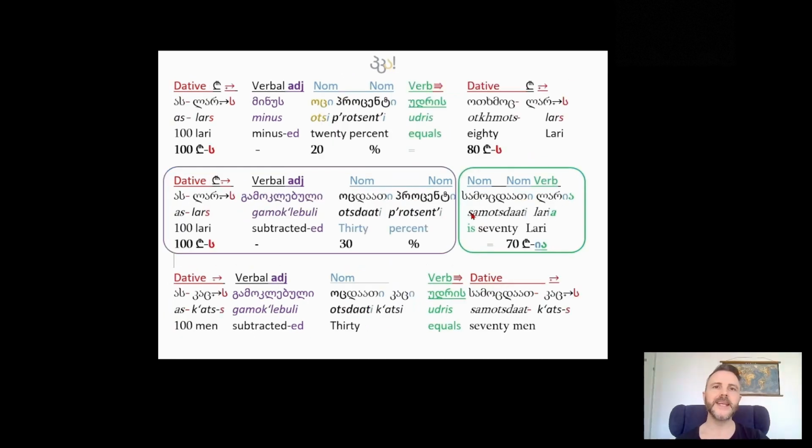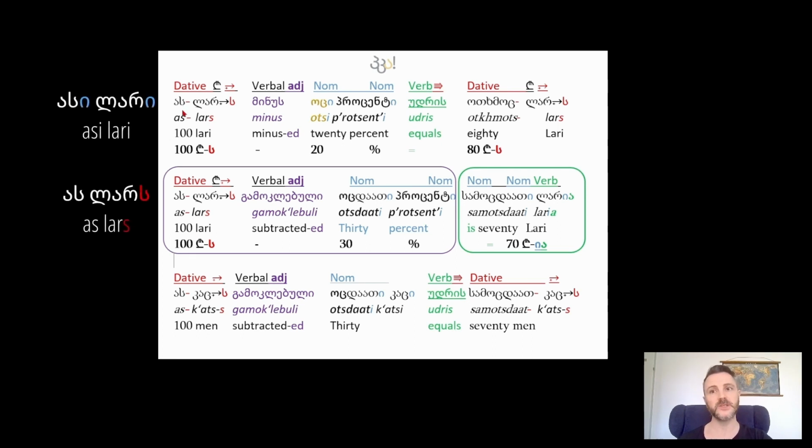Our final slide, and now we're using a noun, which is lari. And we're using the dative construction, and of course the nominative changes, especially with a number before. So asilari becomes aslars. The number loses all endings, it's in its root. And then lari gets an S, the same as otchmotsi becomes otchmots lars.